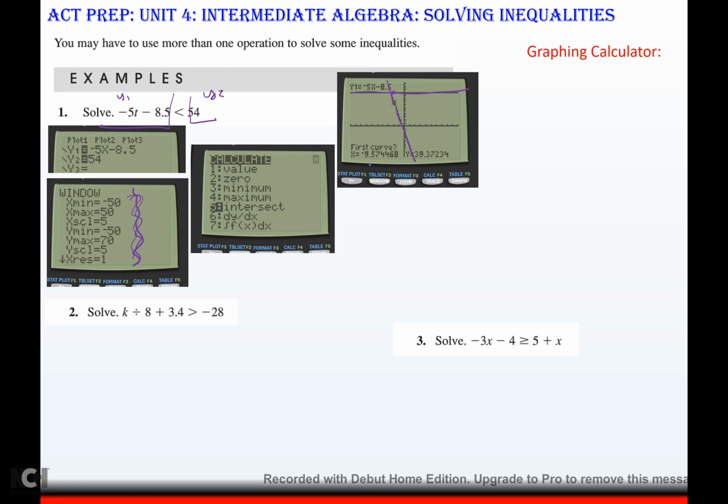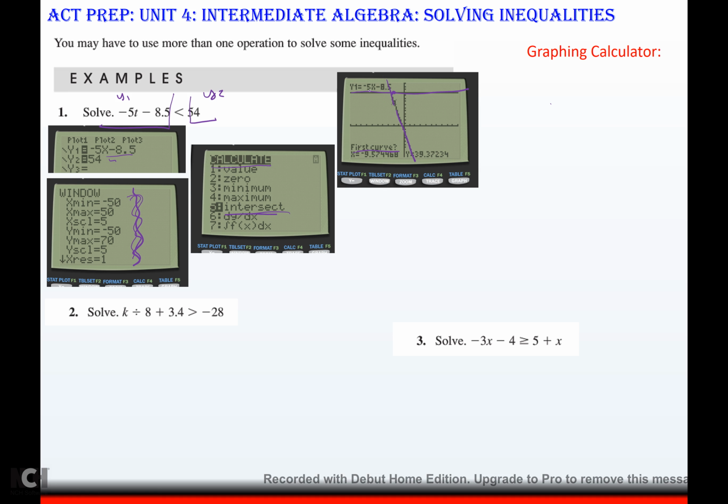So how did we get negative 9.57? Oh, I know. That was my first curve. Sorry. You got to do first curve, second curve. My bad. Okay, so I graphed both of these. There they are. And then I'm going to calculate the intersection point. It's going to ask you for first curve, second curve, and then guess.